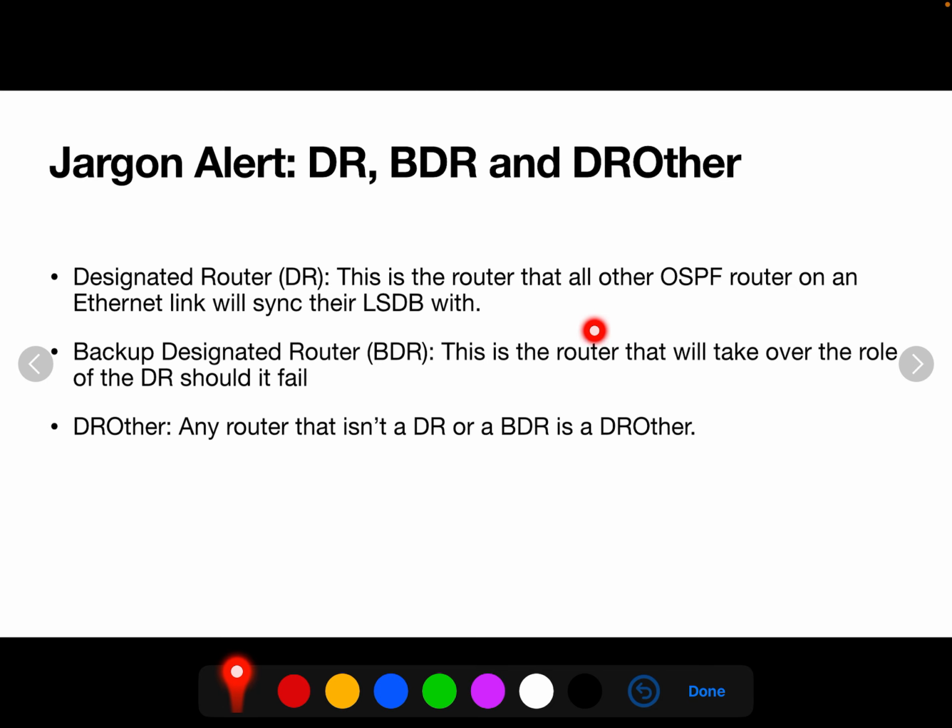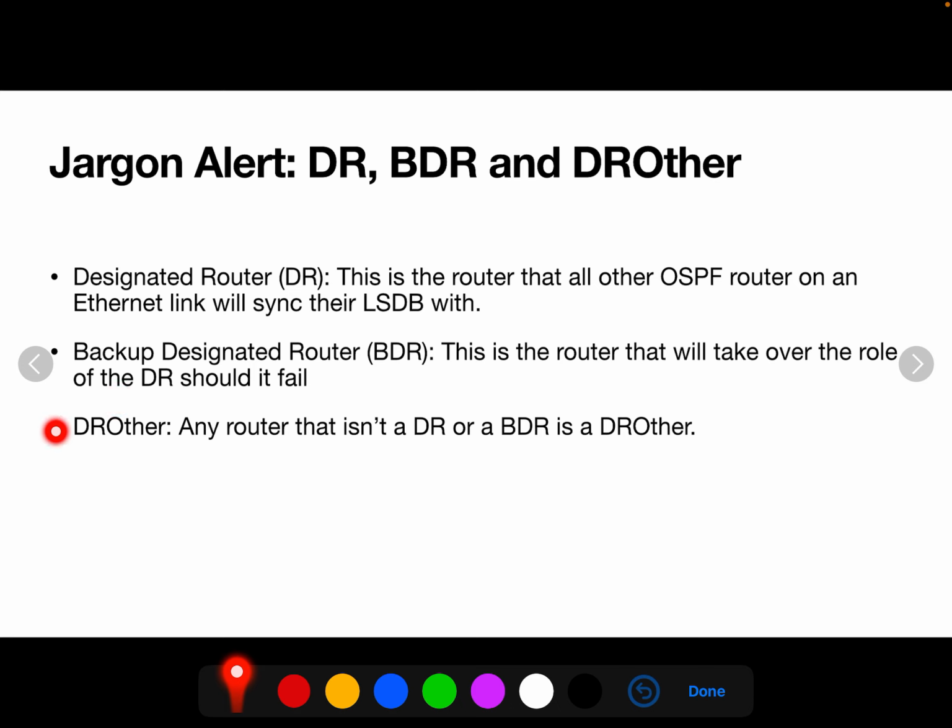The information that the designated router holds is like the master version of the data, the master LSDB. The other routers want to make sure they have an LSDB matching the designated router's. Now, the backup designated router is the one that will take over from the designated router should it fail.